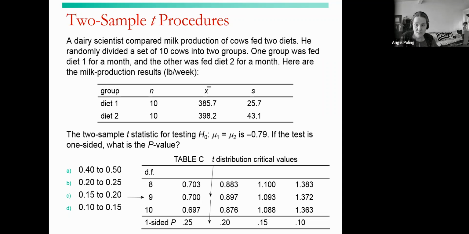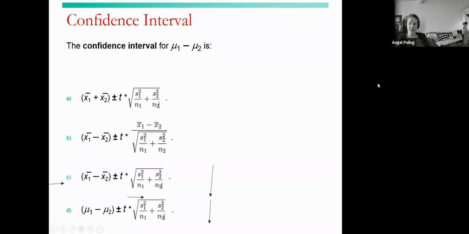They're between the 0.25 and the 0.20, but you have to reorder it so that your 0.20 is on the lower side and your 0.25 is on the higher side, right? So let me close that. And then the answer is in fact 0.20 to 0.25. So we're using table C on this exam pretty heavily, right? Let me clear the annotator.